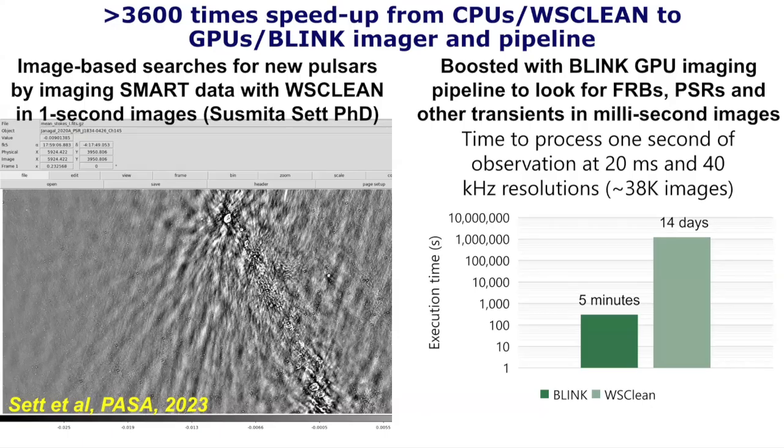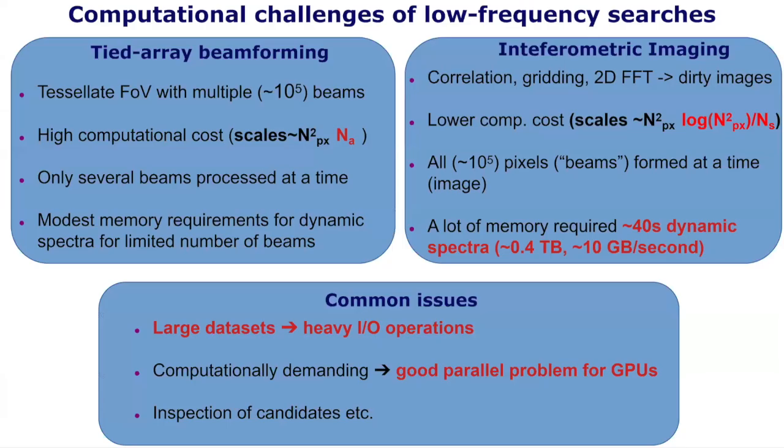Traditionally, the MWA group processes this data using tied-array beamforming. They cover the field of view with 100,000 beams, and this scales like the number of pixels multiplied by the number of antennas.